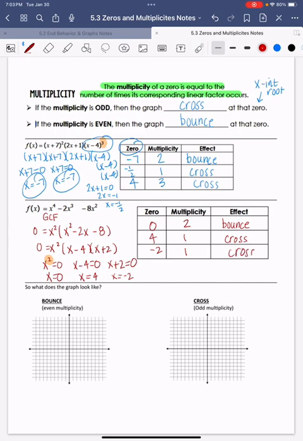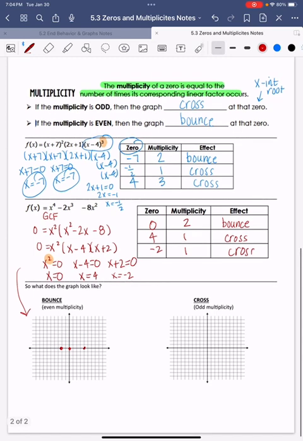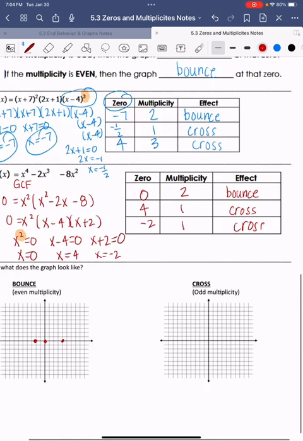So, okay, what does all of this mean? What does it mean to bounce off of a graph? Okay, so you've got some x-intercepts. Let's just look at the last one that we just did. We have x-intercepts at 0, 4, and -2. So a bounce means you're going to come down and hit the curve.